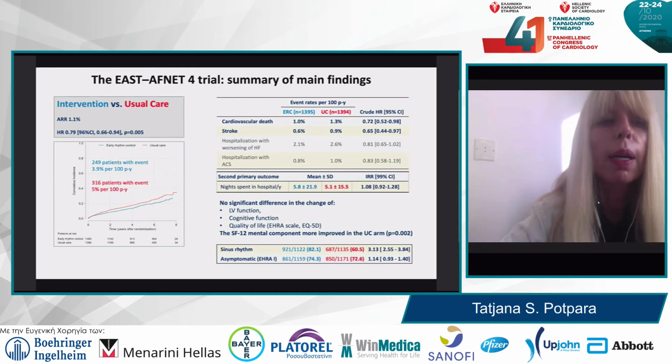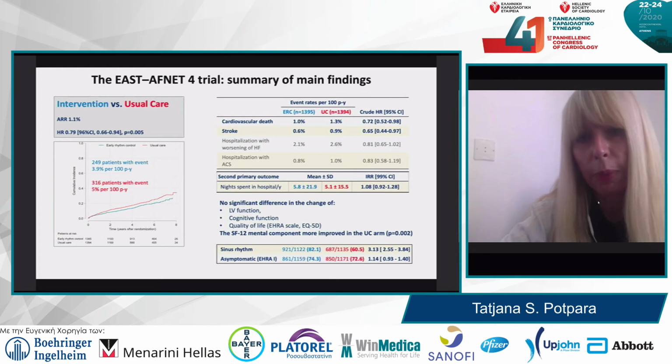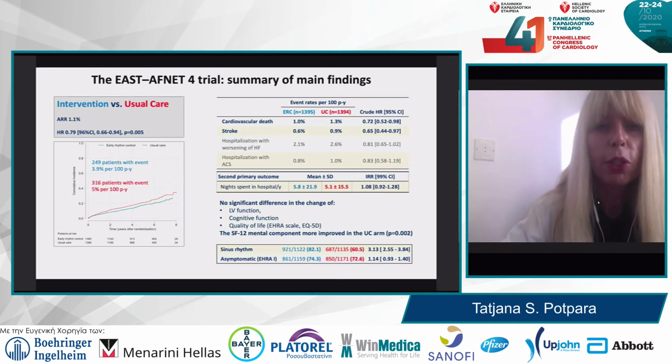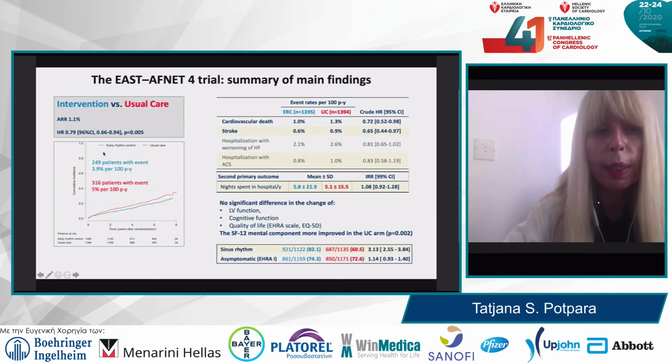This trial compared the impact of a structured intervention with early aggressive rhythm control against usual care in patients with atrial fibrillation, and the trial showed a 1.1% absolute risk reduction in a composite outcome of cardiovascular death, stroke, hospitalization for heart failure or acute coronary syndrome with early aggressive rhythm control.